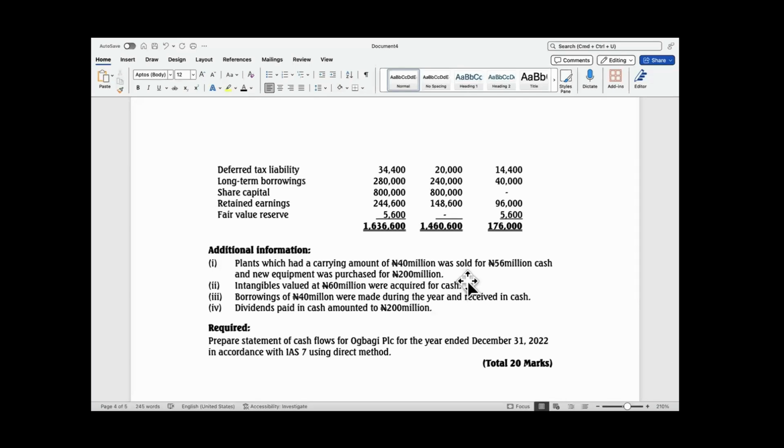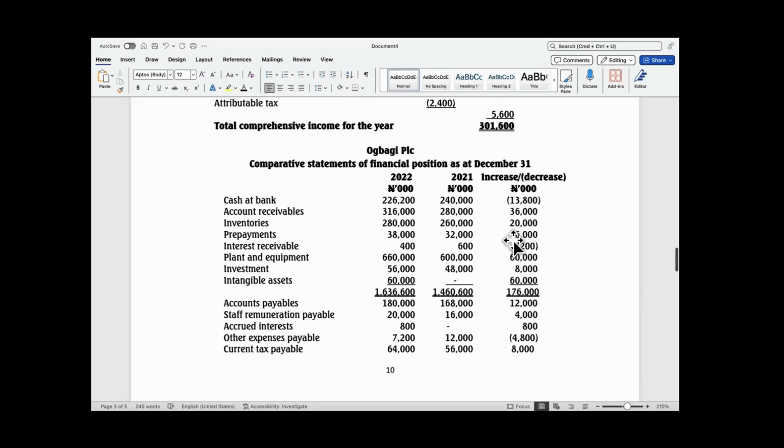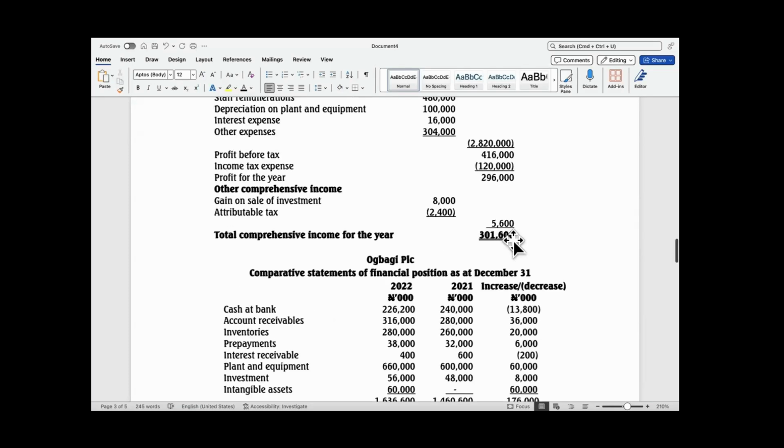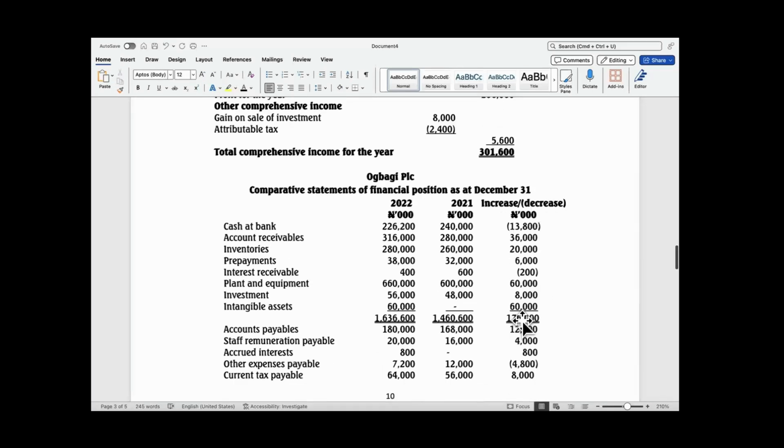Now, my challenge is this investments of 8,000. Ordinarily, it should be under investing activity as an outflow. But if you do that, you'll be wrong, because the investment you're seeing here is not cash from investment.